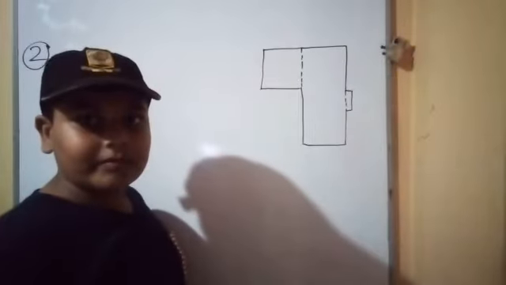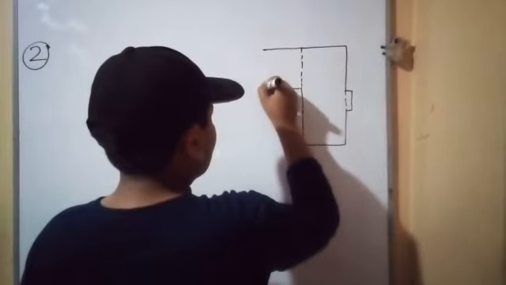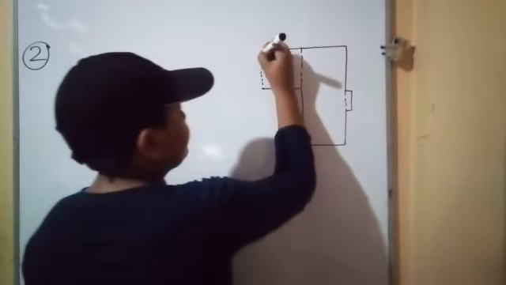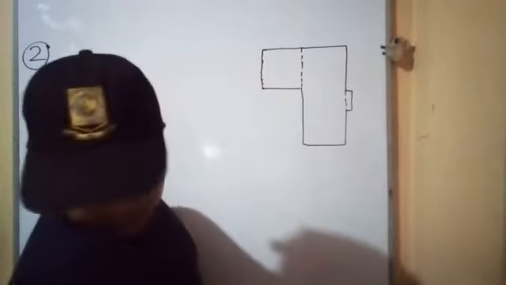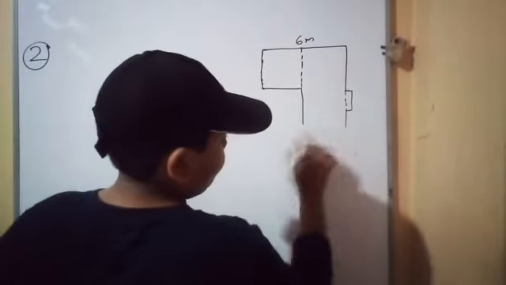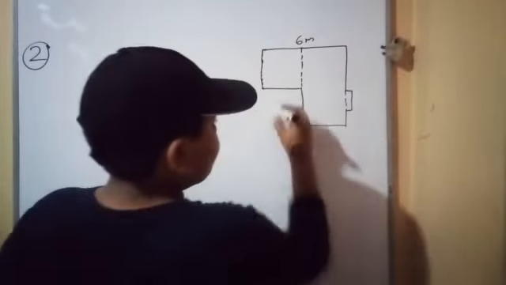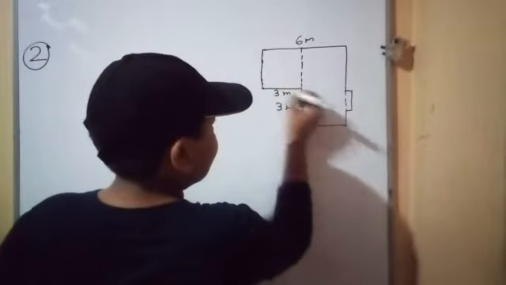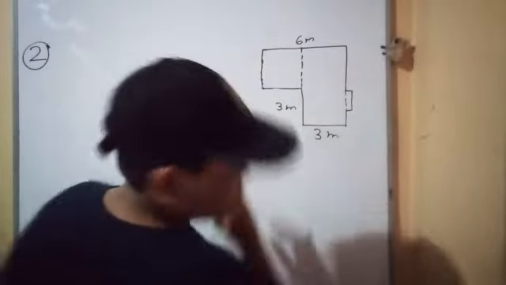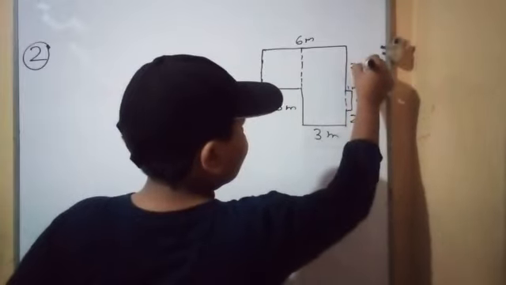Here are the measurements: 6 meters, 3 meters, 3 meters, 3 meters, 2 meters, 2 meters, this small one is 1 meter, this one is 2 meters.